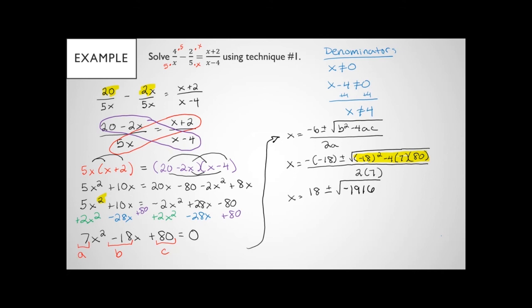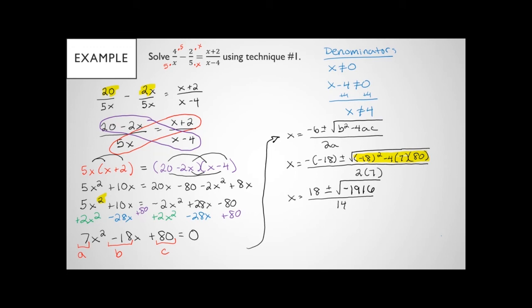And I get a negative, which makes me really glad that I used the quadratic formula, because that negative inside the square root means we're going to have imaginary numbers, and that means it does not factor. And then I can also do the 2 times 7 as 14.